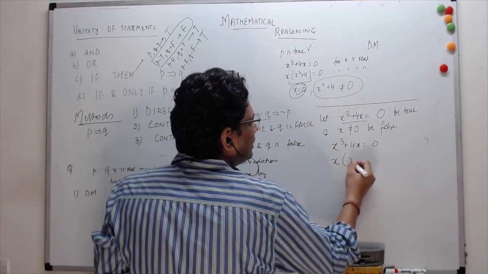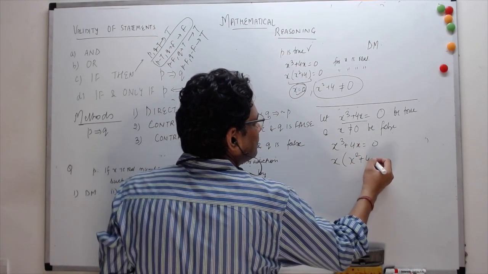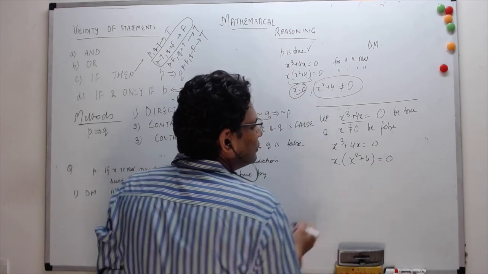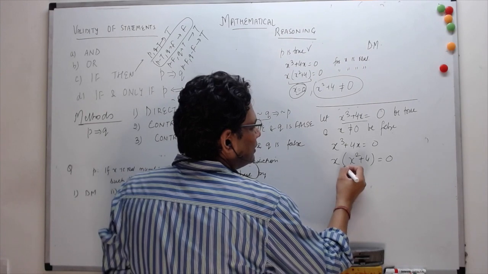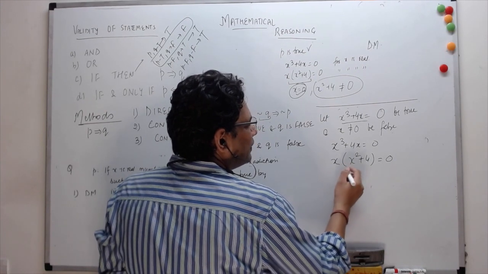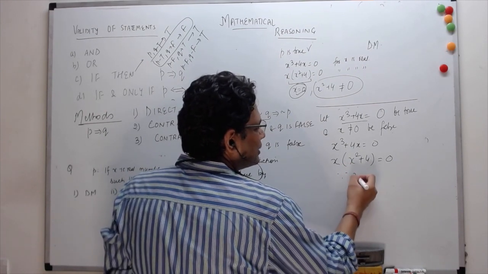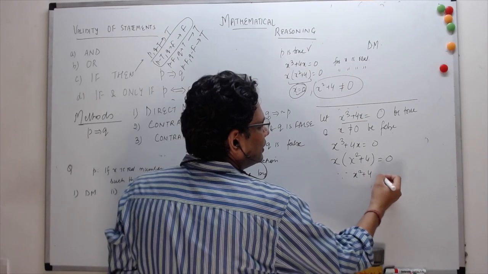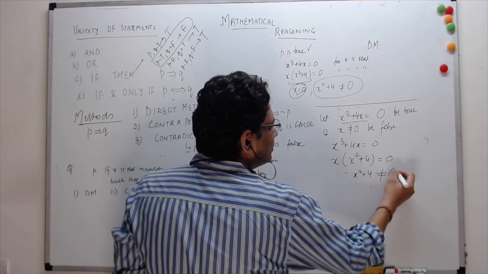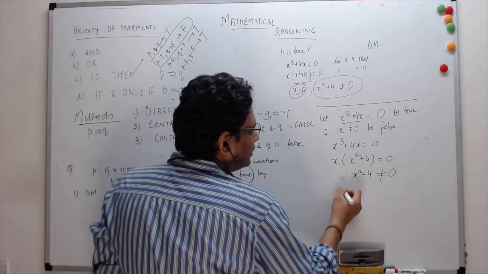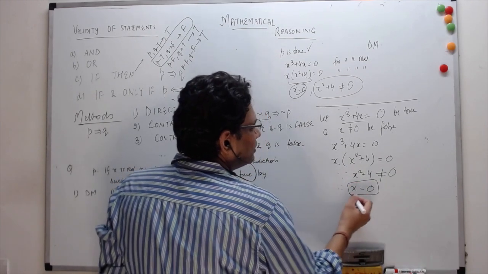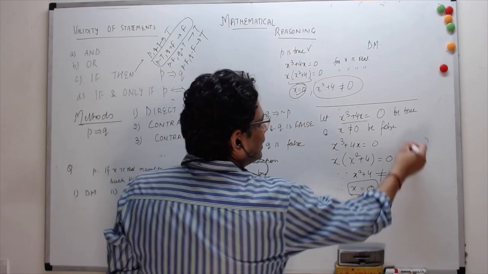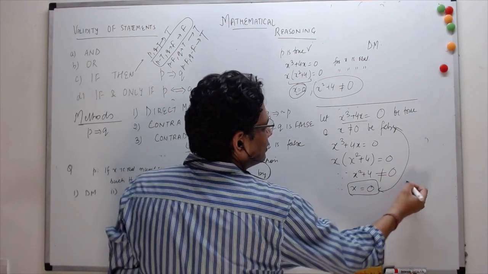x times (x square plus 4) equals 0, and we say that, since x square plus 4 cannot be 0, therefore x equals 0 is the only possibility. That kind of contradicts the assumption.